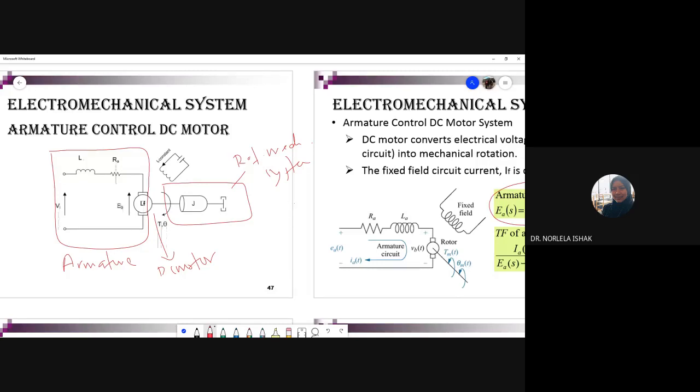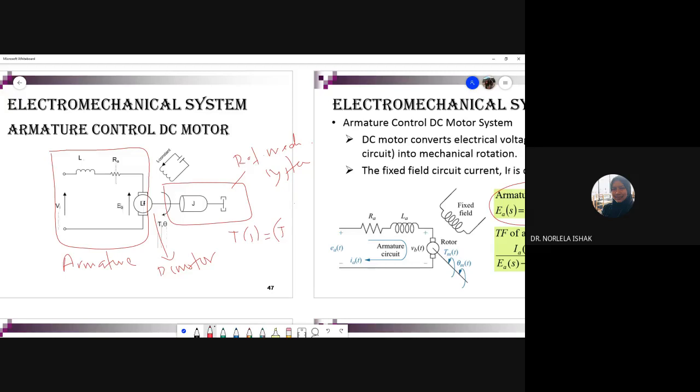Who still remembers, since we have already covered it? How to derive our rotational mechanical system? Let's say from here, we start with the torque. Torque is equal to the angular displacement, we can assume it as the displacement. So J, what is the impedance for J?